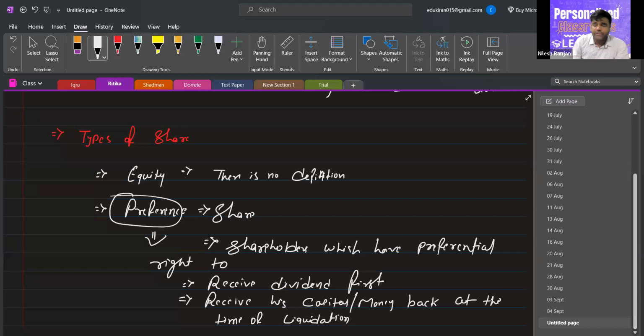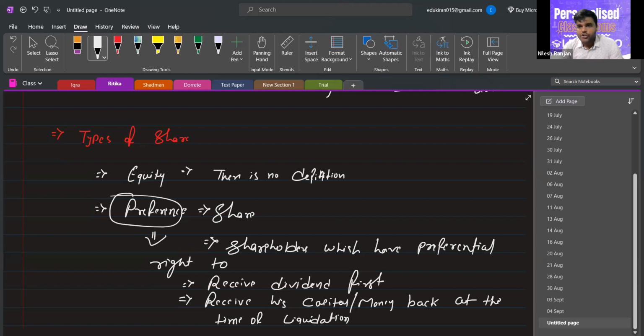You know liquidation? Liquidation means shutdown of business. So the two preferential rights given to preference shares are: first, to receive dividend first, and second, to receive capital money back at the time of liquidation.